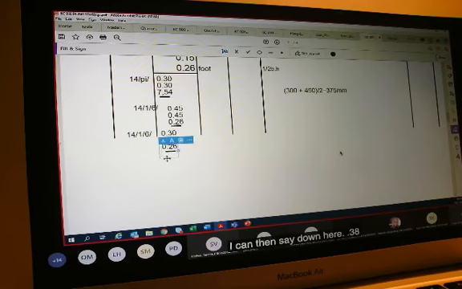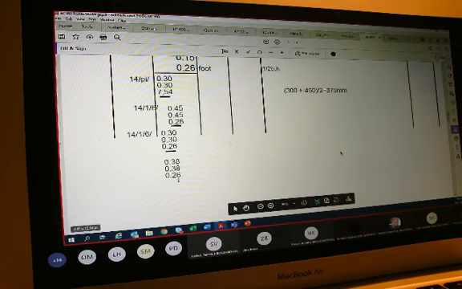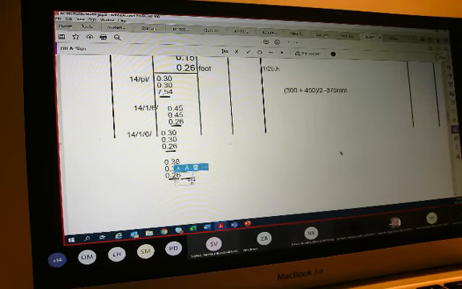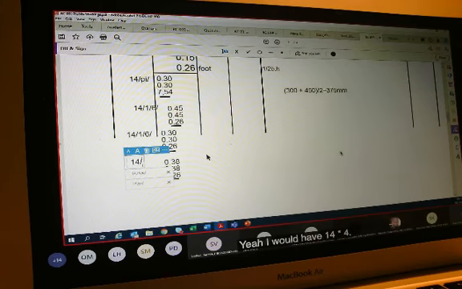Or I could say 600 plus 900 gives me 1.5, divided by 2 gives me 750, and the average of 750 divided by 2 gives me 375 millimeters. So then down here I can say 0.38, 0.38, 0.38, 0.26.